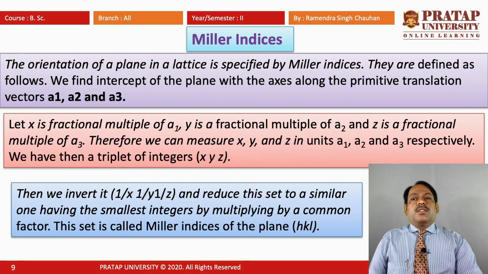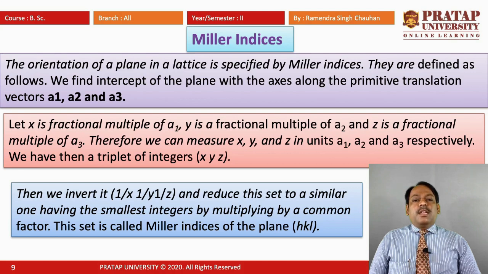The Miller indices are used to determine the orientation of a plane in a lattice. Miller indices are defined as follows: we find the intercept of the plane with the axes along the primitive translation vectors a1, a2 and a3. Let x be a fractional multiple of a1, y a fractional multiple of a2 and z a fractional multiple of a3.